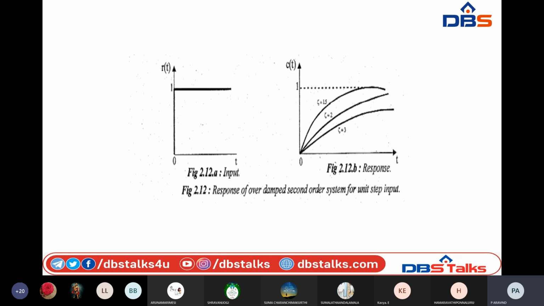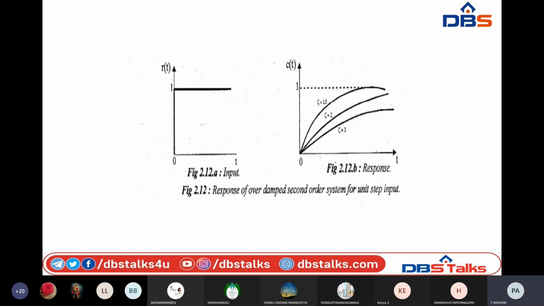Up to now we have seen the response of the second order system for unit step input. Based on the damping ratio, the second order system is classified as an undamped system for zeta equal to 0, and a critically damped system for zeta equal to 1. If zeta is greater than 1, it is an overdamped system.